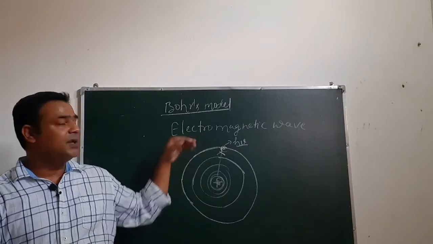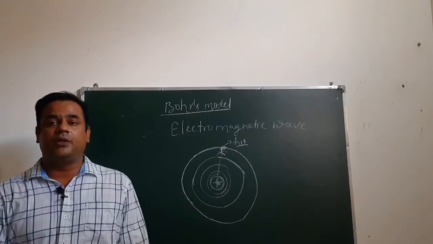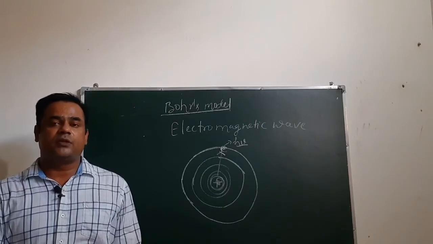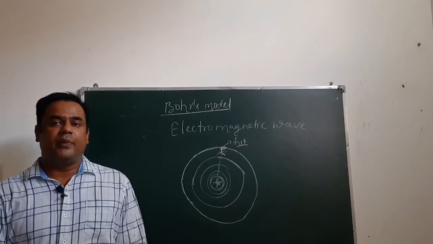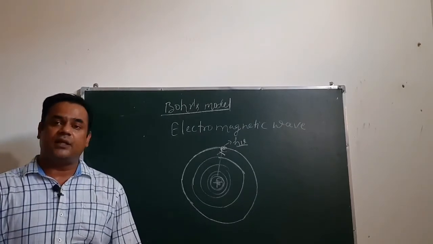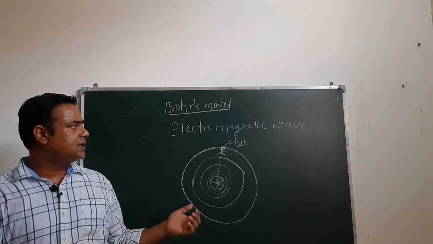At the same time, Maxwell came and gave electromagnetic theory, according to which, when a charge moves, it emits electromagnetic waves, and when it emits electromagnetic waves, its kinetic energy and potential energy both decrease.